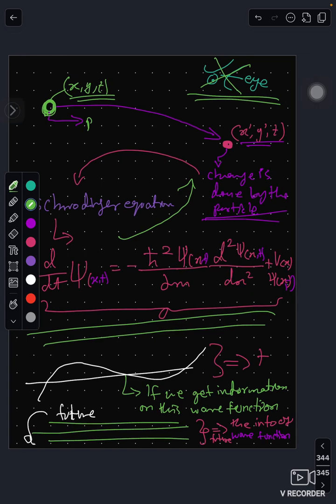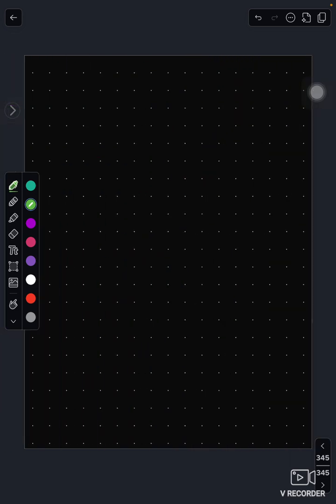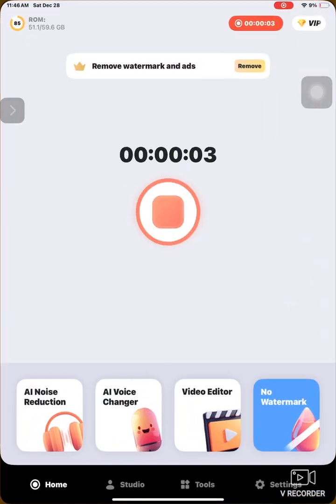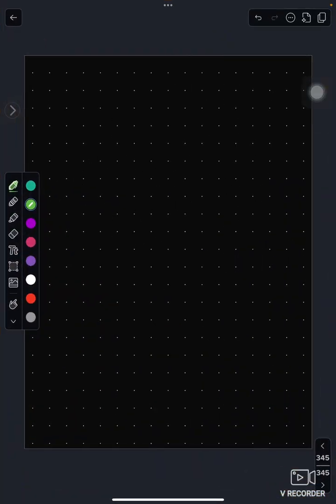Then there's one more rule, about the uncertainty of the particle.